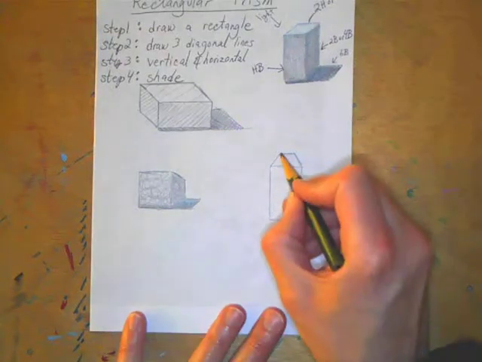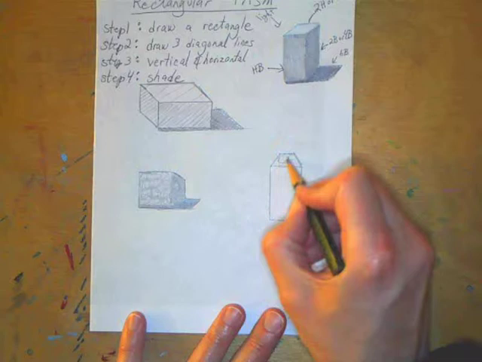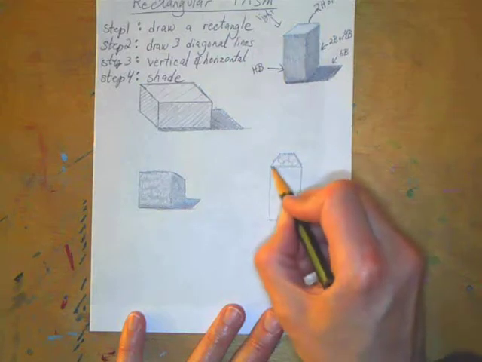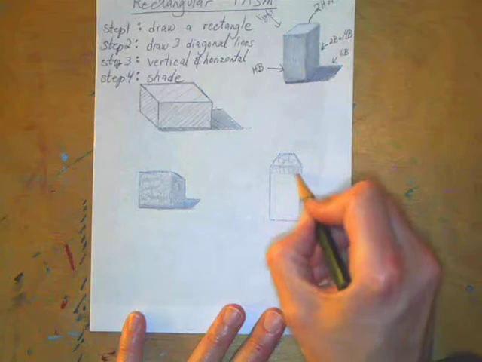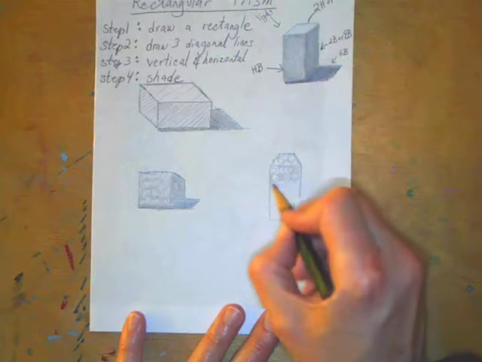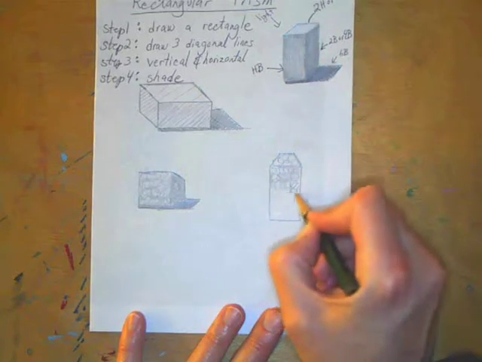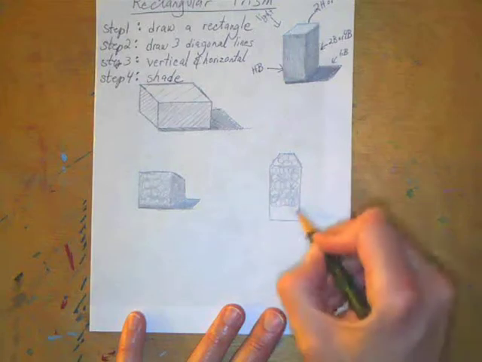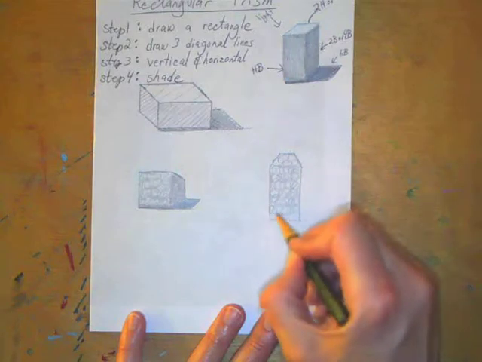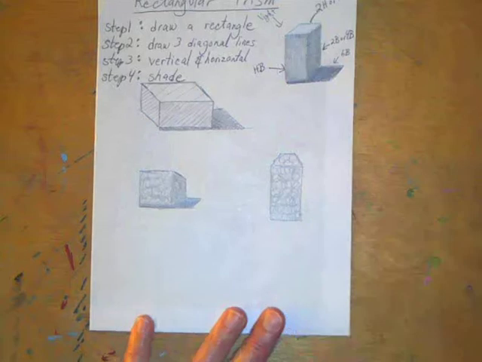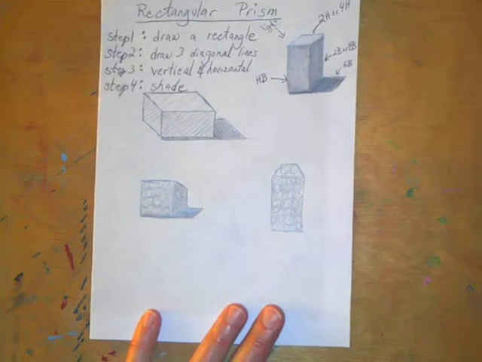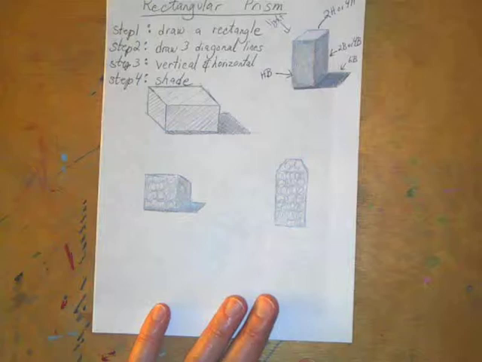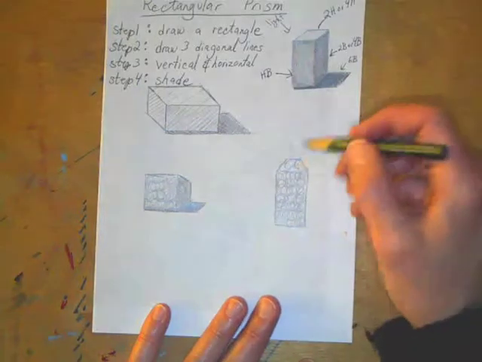And on this one, we'll do scumble again, I think. So on the top here, just a few little circles, not very many. And on the front will be my medium. And then I need to do my shadow.